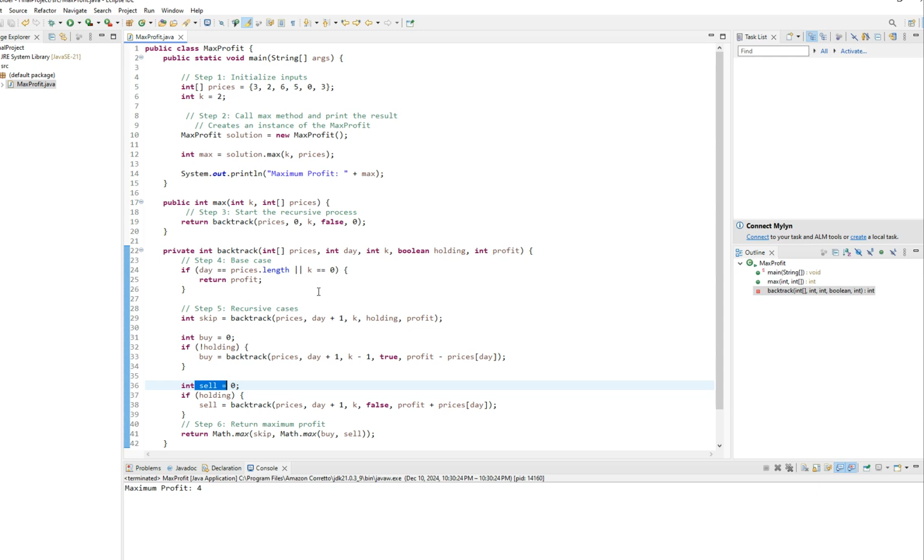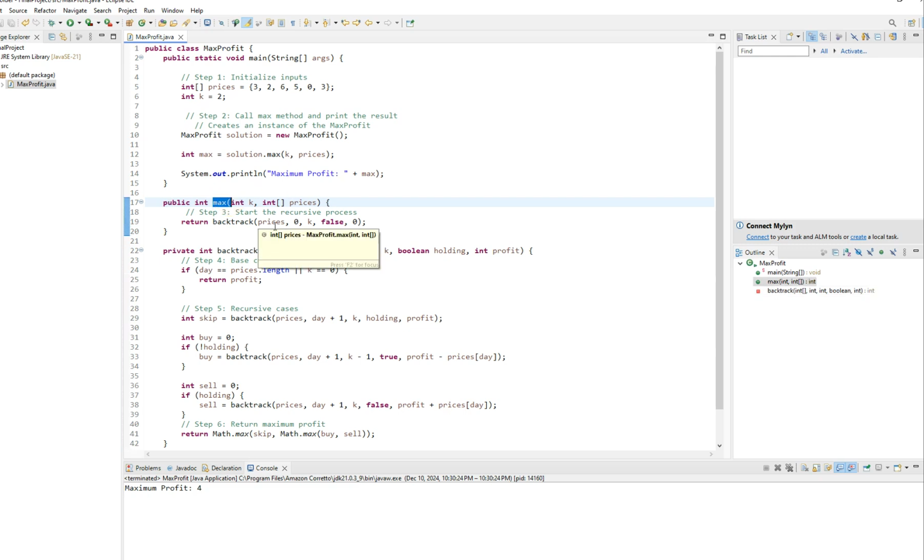Either the days are done, like we have 6 days here, the length of the prices, or the number of transactions k is also done. So at the end, we return the profit. As we said, this is a helper method. It's called in the max function here.